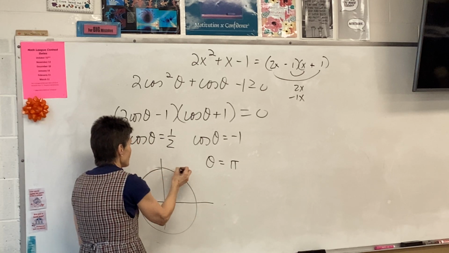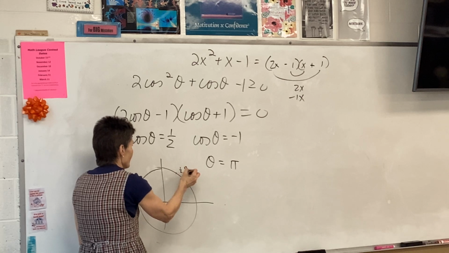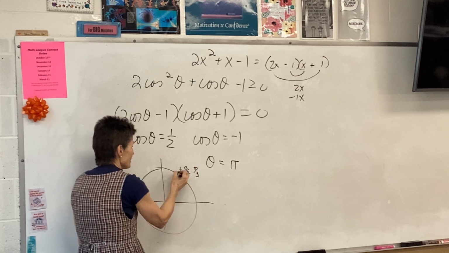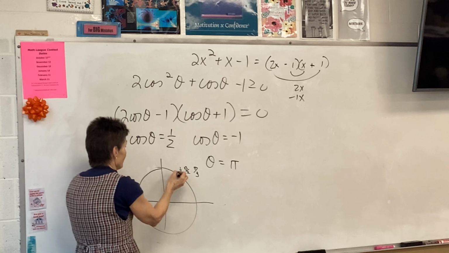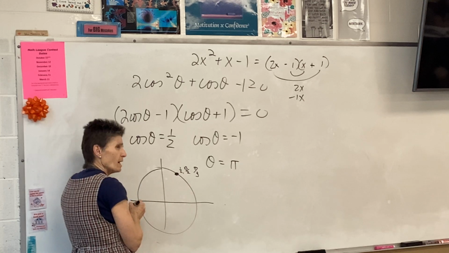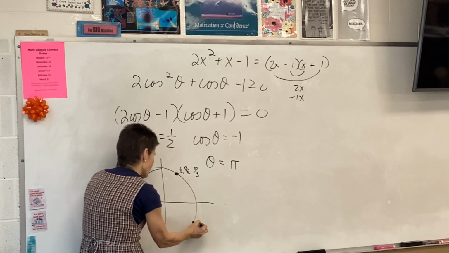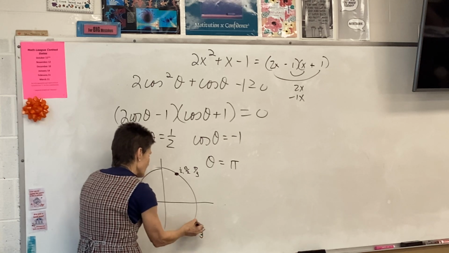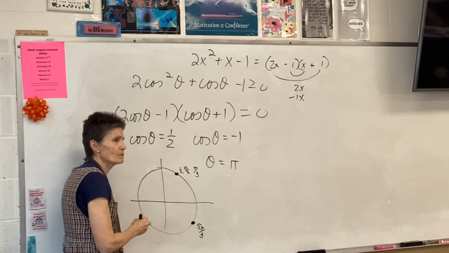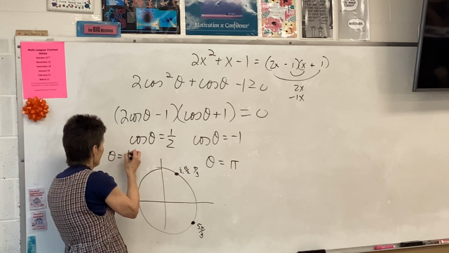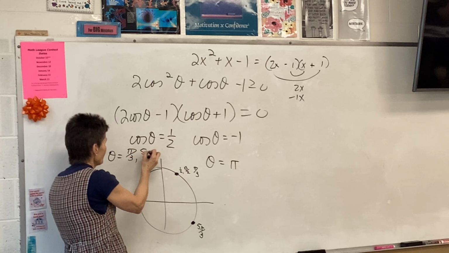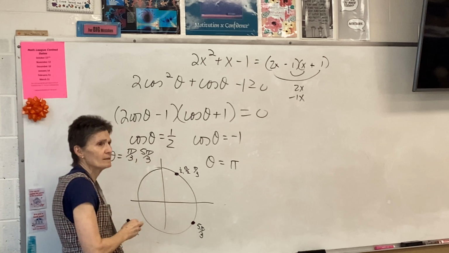If the cosine's 1/2, that's going to be pi over 3, I heard somebody say. And then where else? 5 pi over 3. Is everybody okay with those two angles?